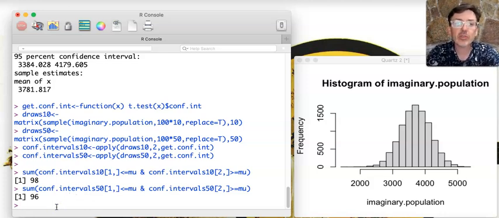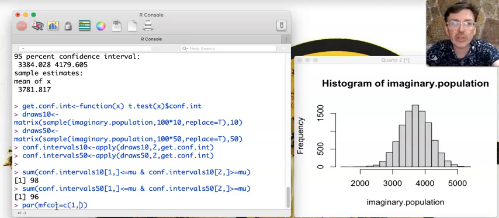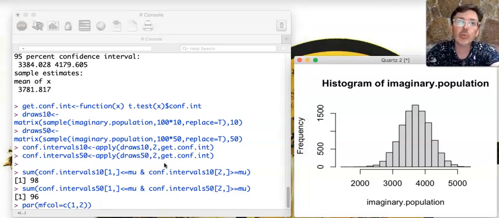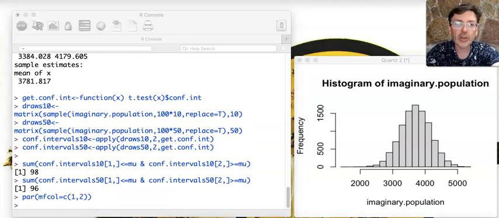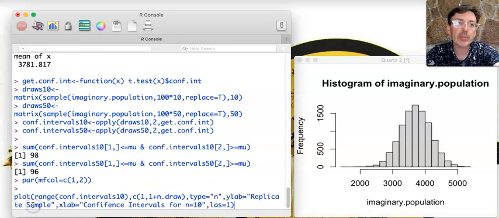So I'm going to do some plotting, and I'm going to plot two different plots at the same time. So I'm going to change the parameters. par(mfcol = c(1, 2)) tells me that I'm going to be plotting two things in one window. We're going to start off by plotting an empty plot.